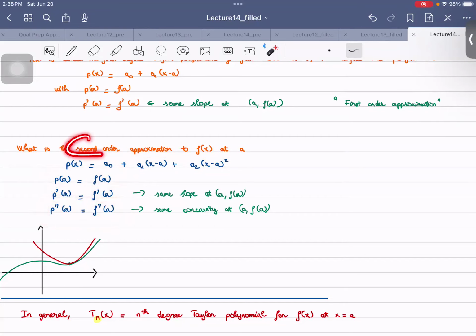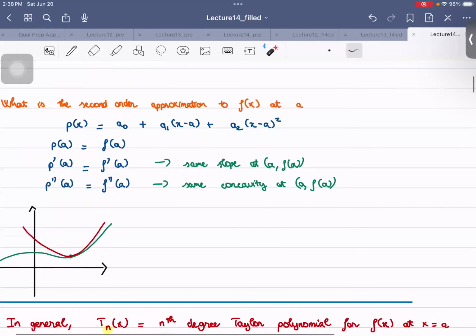That is what second order approximation is about. So you can see that firstly, the output of your approximation and the output of the original function are the same at this point.